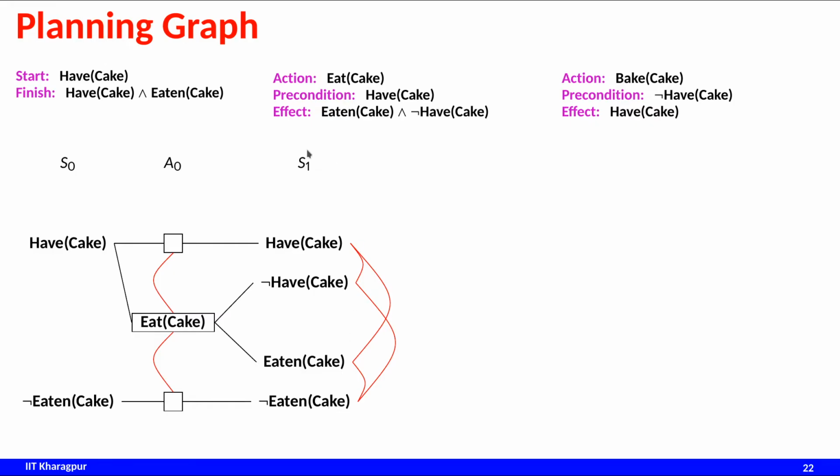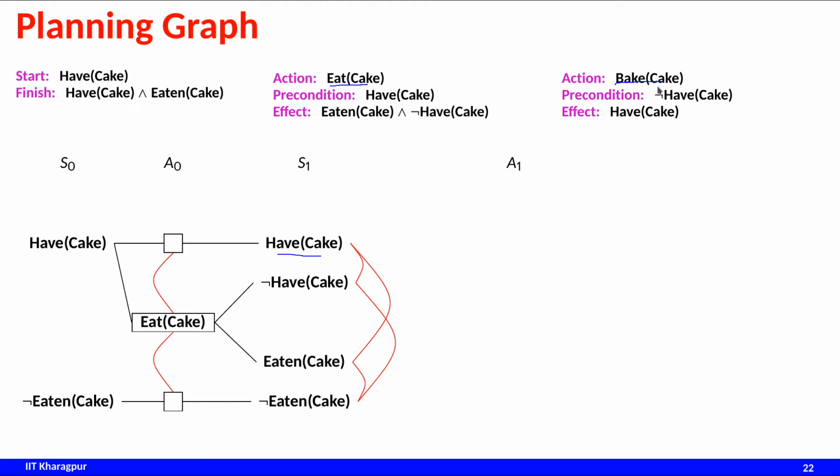Now from S1 we will again apply the set of actions and generate the next set of literals. In the next level, we need to check what actions we can apply at this stage. Here we have this set of literals. Eat cake can be activated because it has have cake.